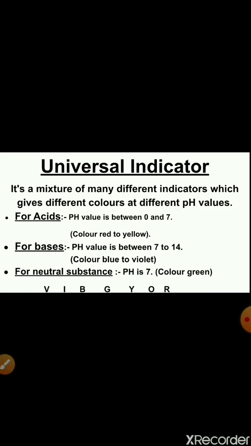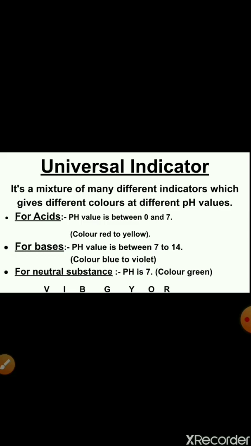Now children, I am giving you some information about universal indicator. In the topic about indicators, you have learned that they are of two types: organic, or natural indicators, and synthetic indicators.